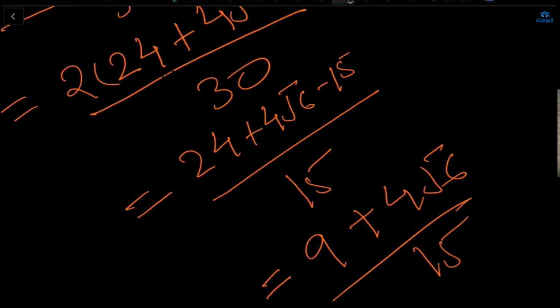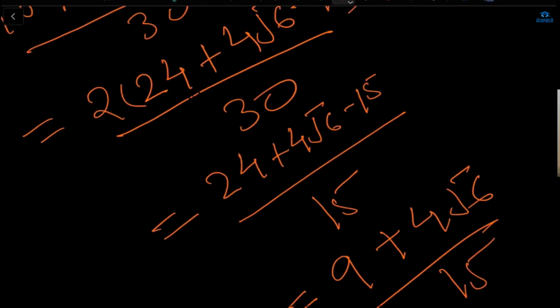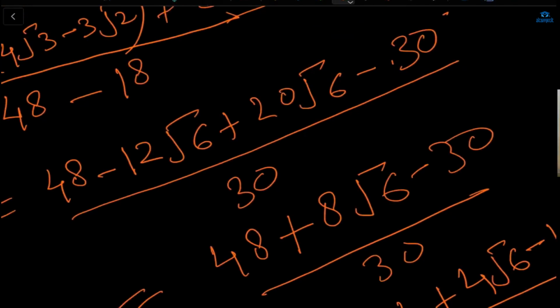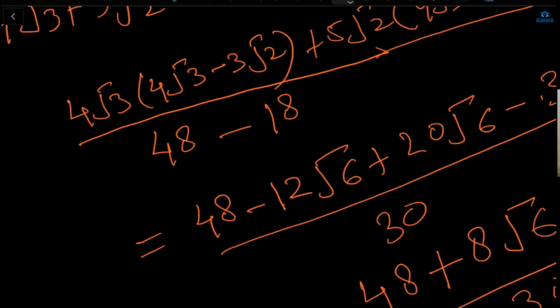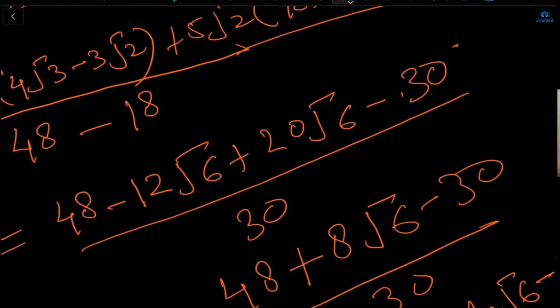Everybody understood? Okay, ma'am. Can you just move back a little bit? Till the 48 minus 12 multiplied by square root of 6, here: 48 minus 12 root 6 plus 20 root 6 minus 30. Yes, after this, nothing much important is done.